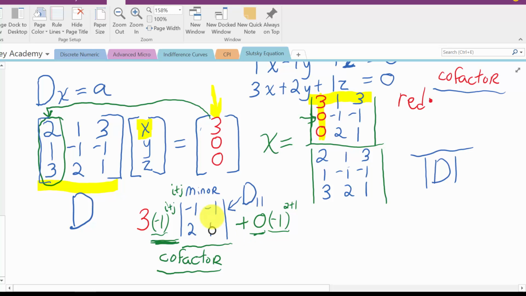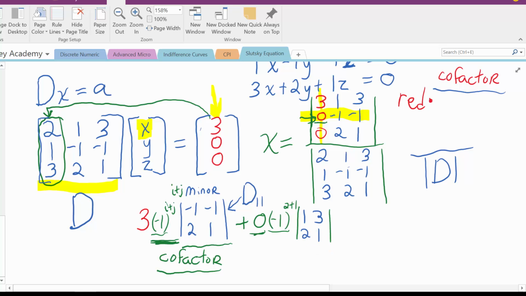But let's set it up anyway. What's the minor going to be for this element, this 0? Well, again, we cross out that row and that column. So what we want is the 1 and the 3, and the 2 and the 1.